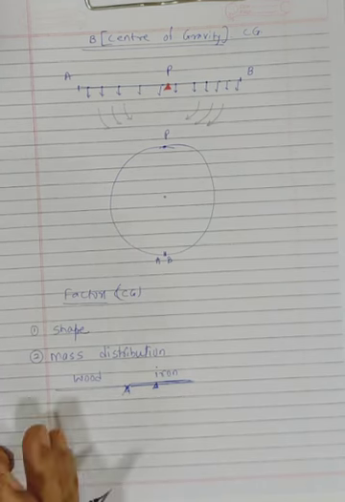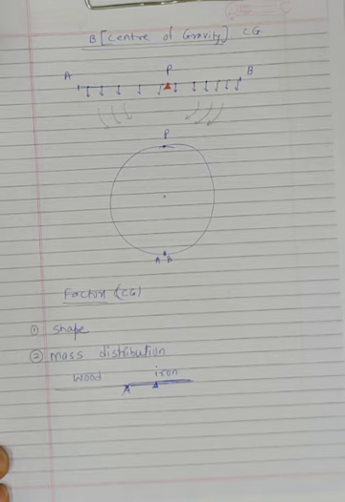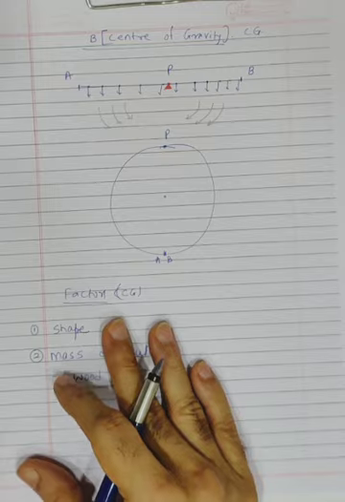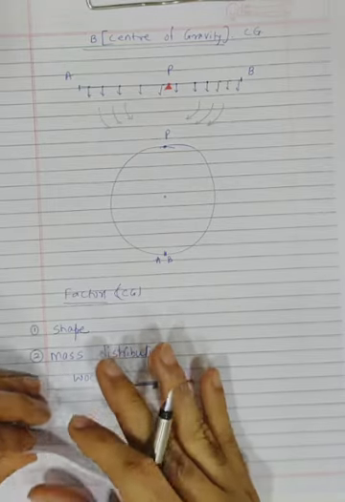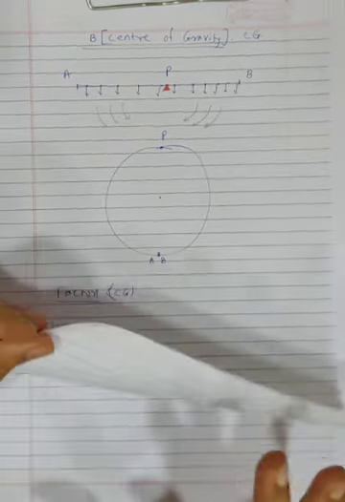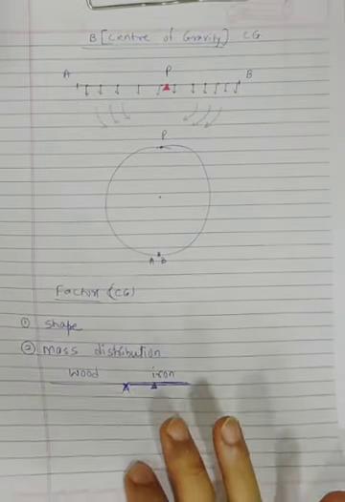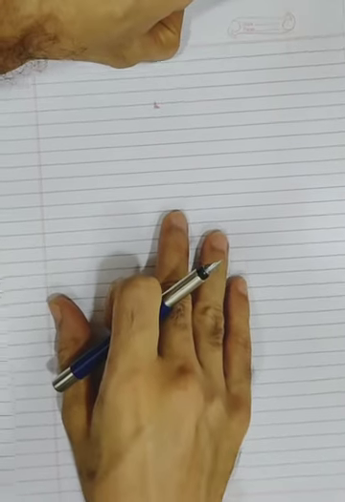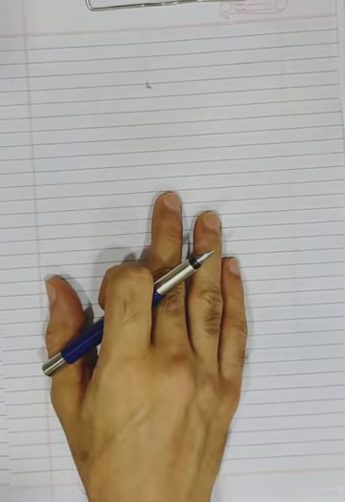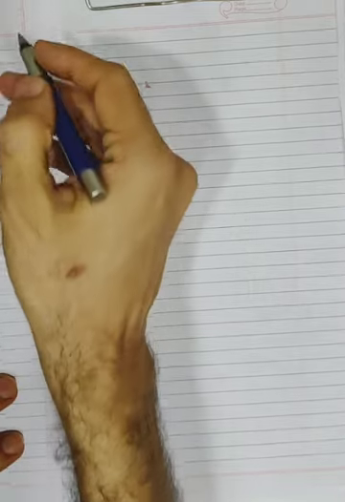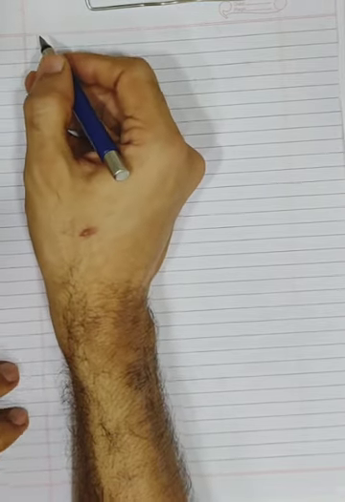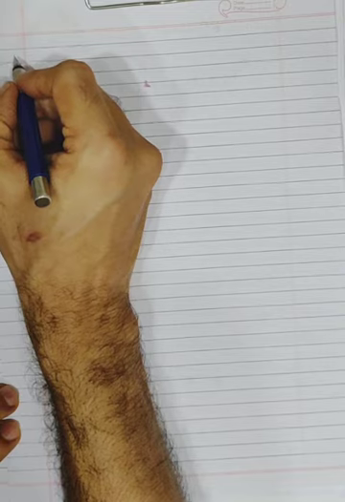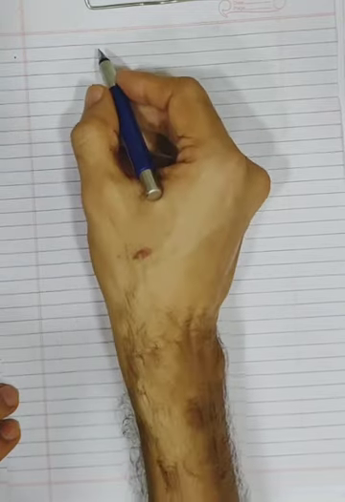Okay. Now we are going to discuss where the center of gravity is for certain objects or figures. We are first learning about the center of gravity for the standard shapes, which they do ask you in your exams also. First, the center of gravity for an iron rod, which we already discussed, is the midpoint of the rod. Next, where is the center of gravity for a circular disc?